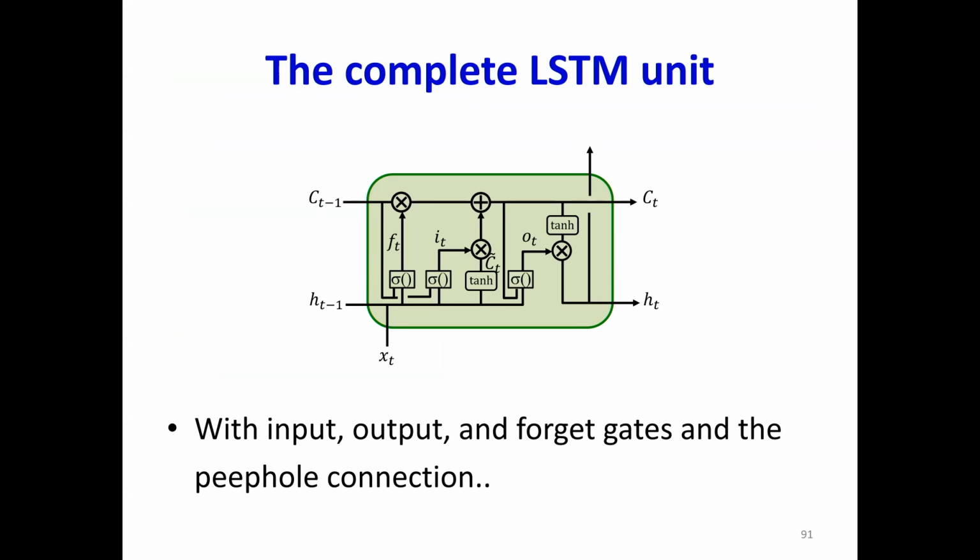You have the constant error carousel going through. At each time, what's in the raw memory, the previous hidden state, and the input is operated on by this forget gate, which multiplicatively modifies the raw memory. And so this would only decrement it, right? Subsequently, you have this pattern detector, which tries to detect if there are any more interesting patterns.